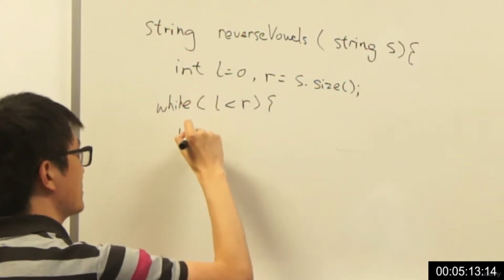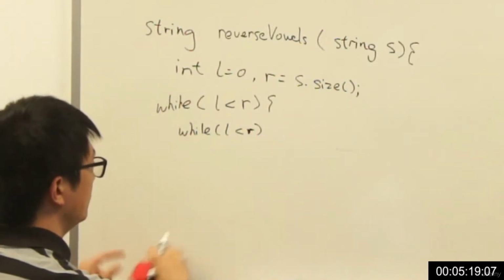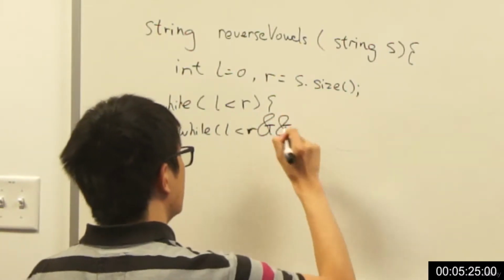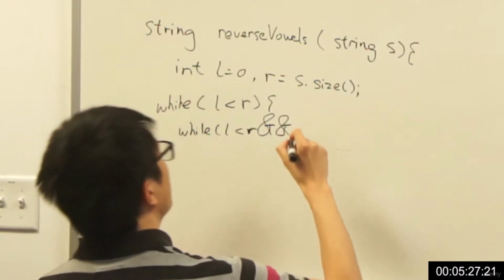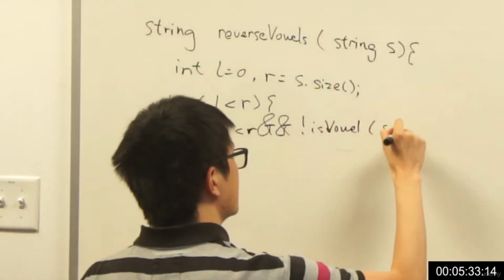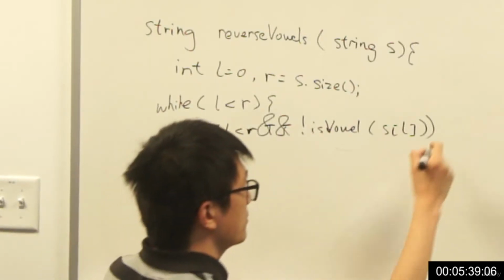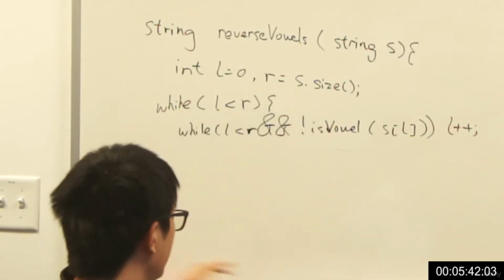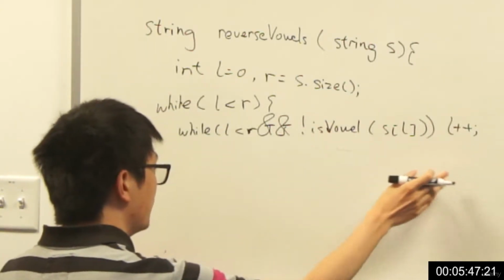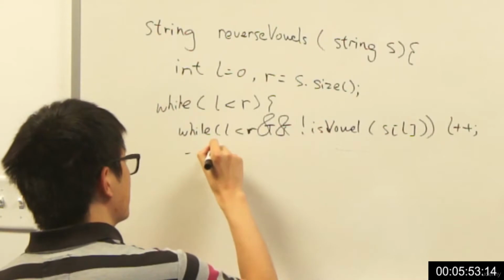So there's another while loop inside, left less than right, and also not is vowel as left. So this will keep going until I find a vowel. L plus plus. Actually, this one will leave the pointer pointing to the character after the vowel, so I need to minus L here.